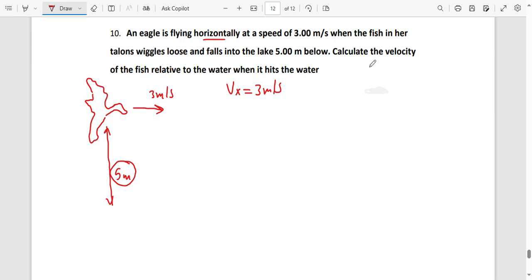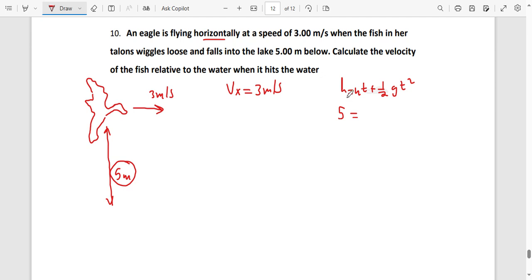So for us to be able to determine the y component, we need to know the time at which the fish is going to hit the water. And we know that looking at the distance, height is given by ut plus half gt squared. The height that was moved by the fish is 5.